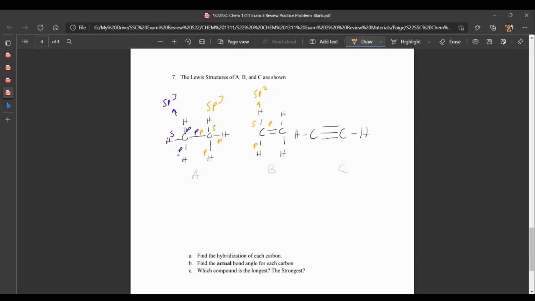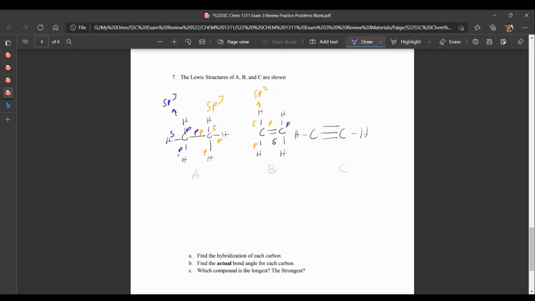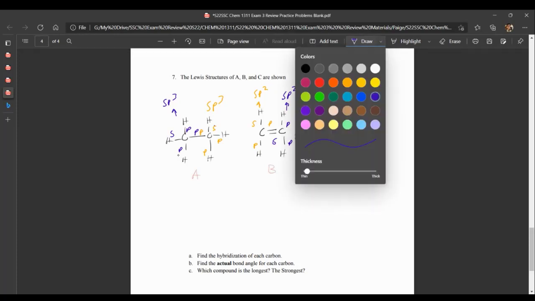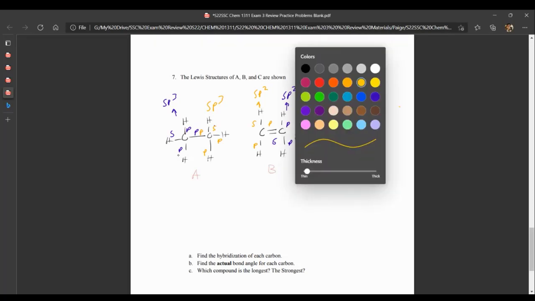So that's sp, p, sp2. And then for the last one, we have sp and sp, so both are sp. Okay.